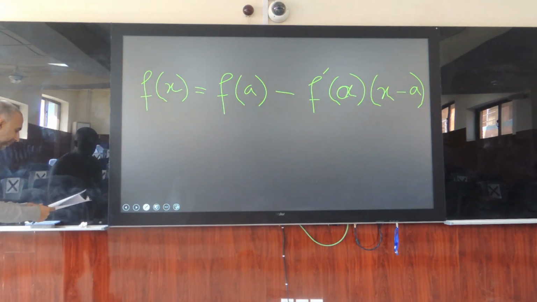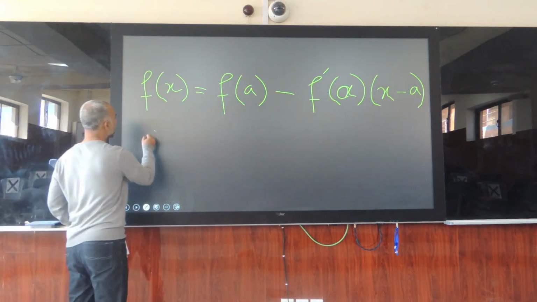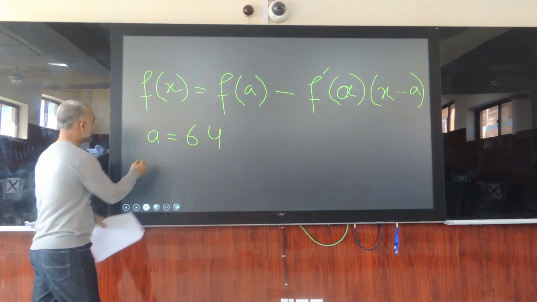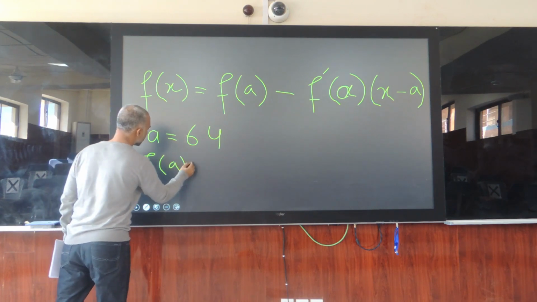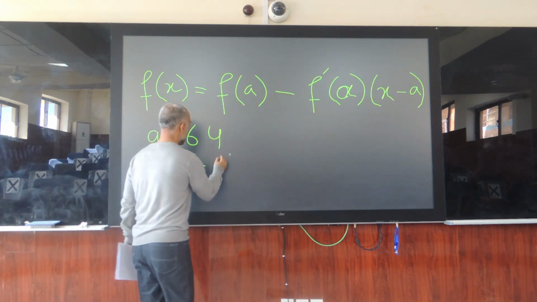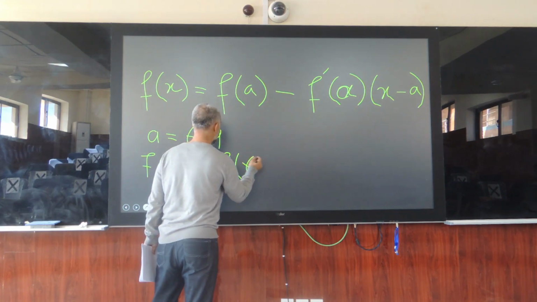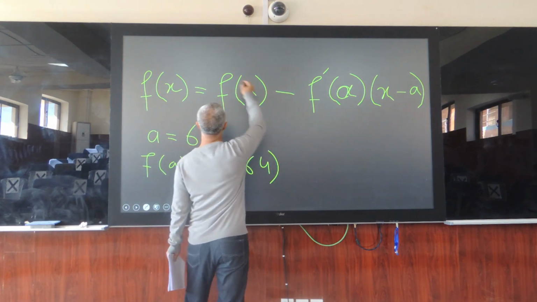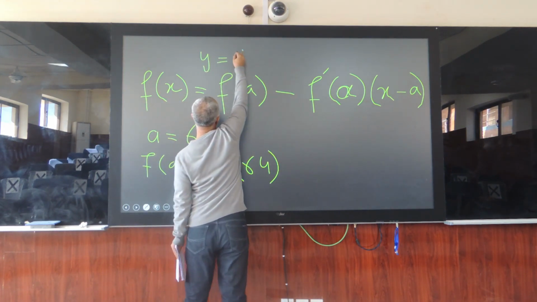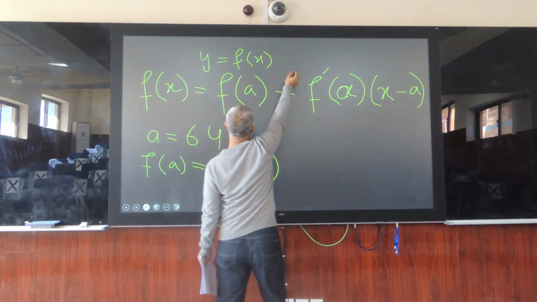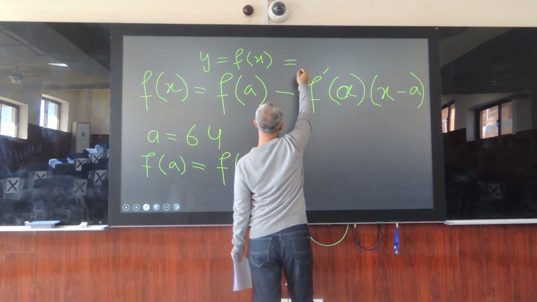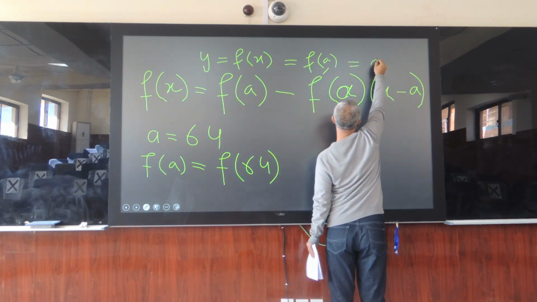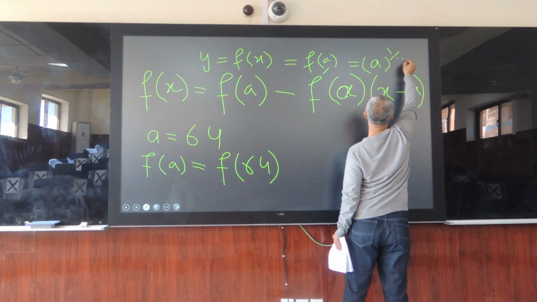Now it's very simple. If we have a equal to 64 such that f of a equals f of 64, and we know from our previous example y equal to f of x, which is x to the power 1 over 3.